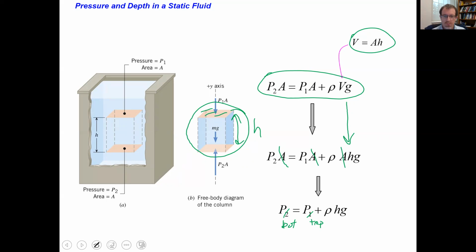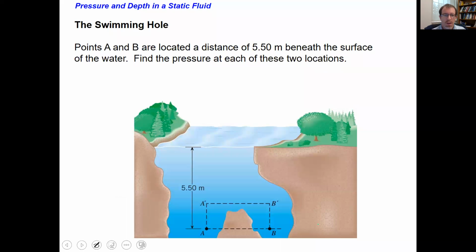Right. So let's take and apply this to a problem real quick. We've got, I don't know, a pond, a lake, something here. And we're interested in the pressure down here, 5.5 meters below the surface of the lake.